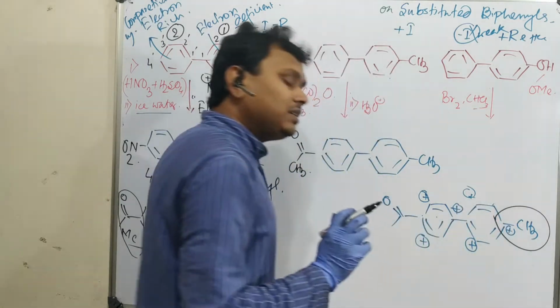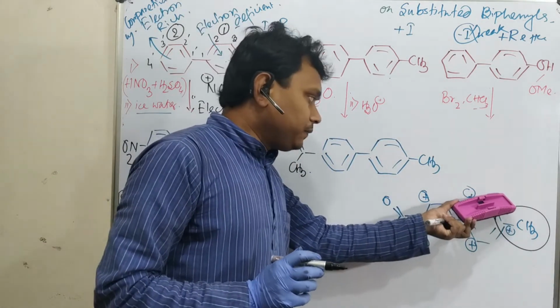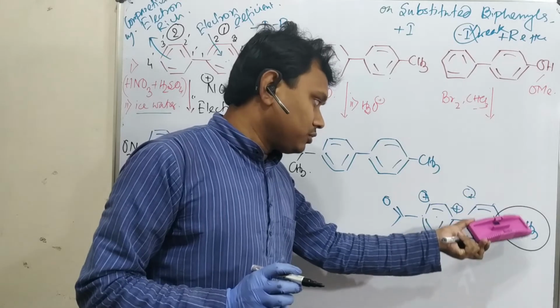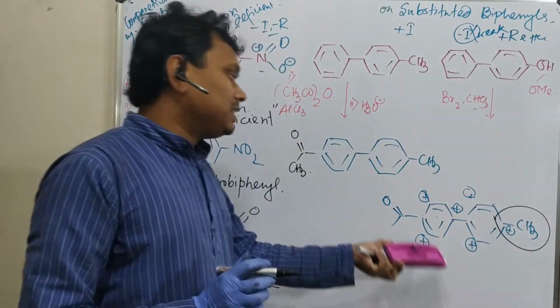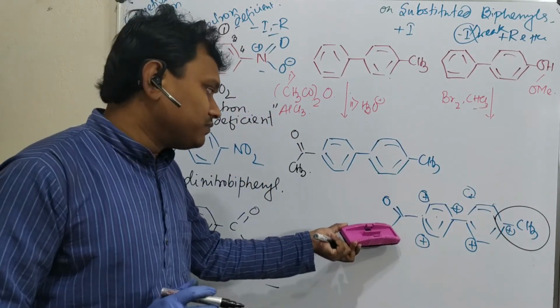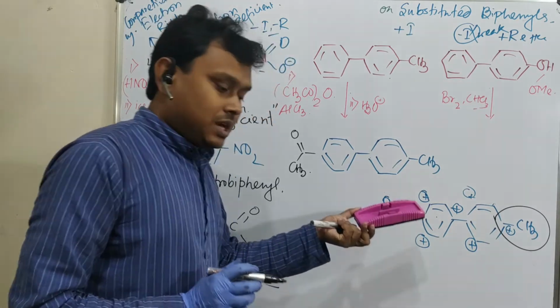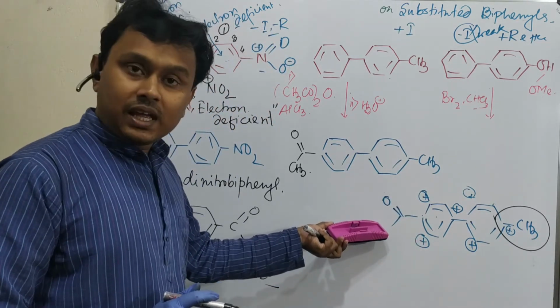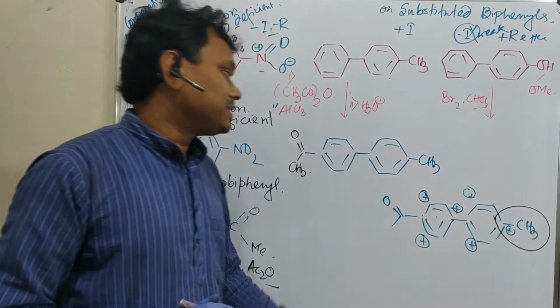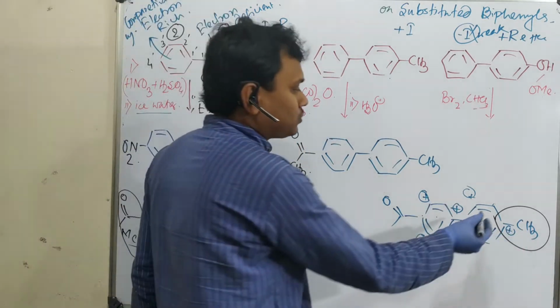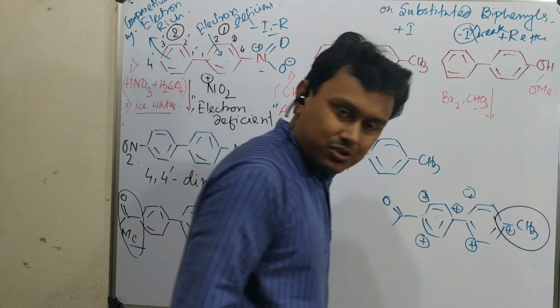I think you may be a little confused about why. If substitution happens on this position also, then also possible. But in this case, it is experimentally observed that this substitution is more facile. Compared to this. And second point, if you carry out this aromatic electrophilic substitution, there is a little bulk effect also.